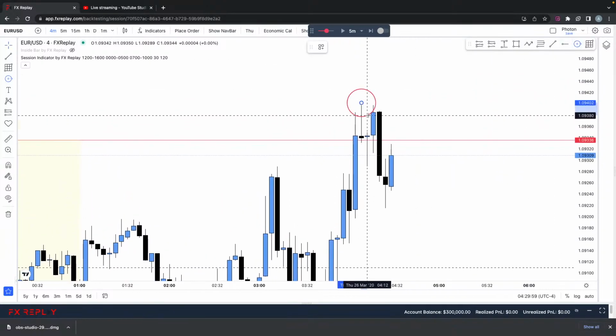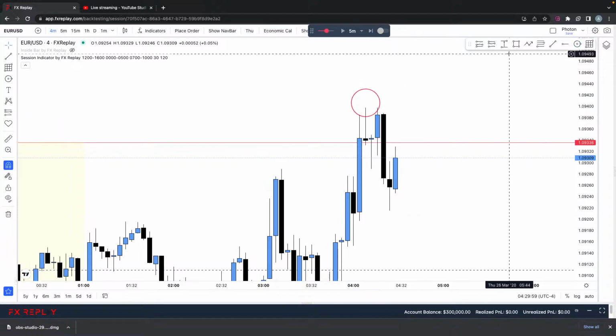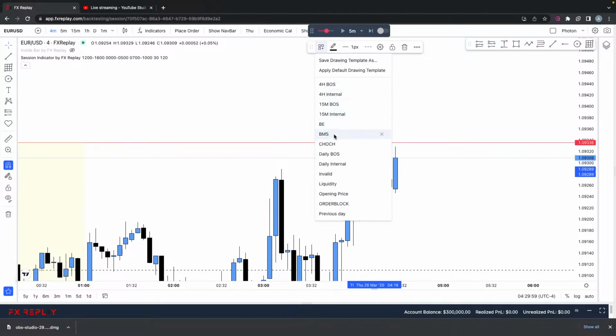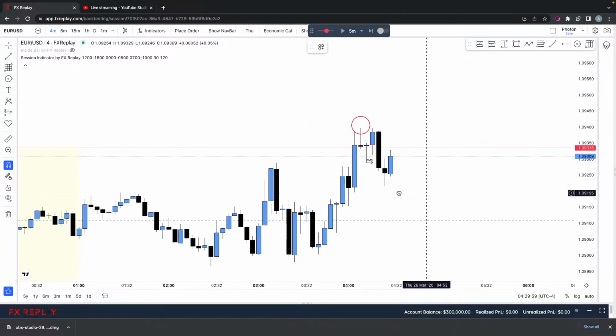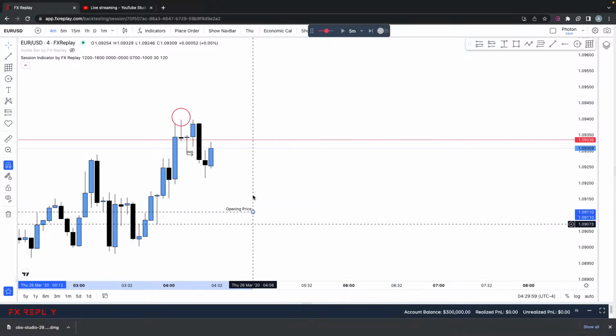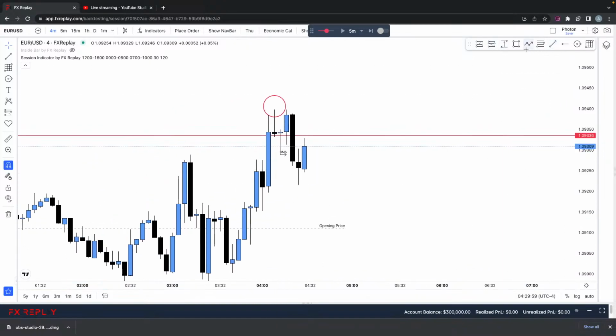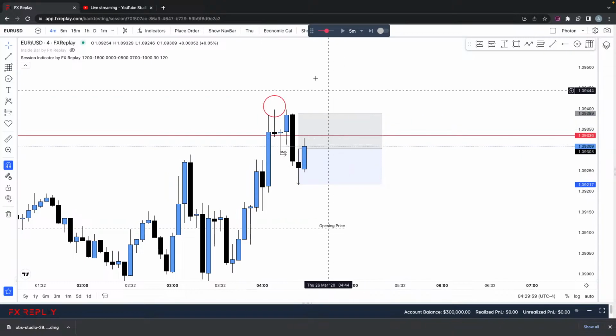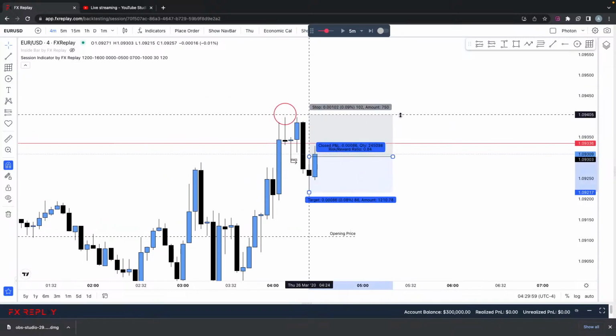Wick rejections right there. Break in market structure right there. Above the opening price. Perfect. Fair value gap fills in the mean threshold as well. Boom, this is the gap. Strong close over here. Go 11 pips.